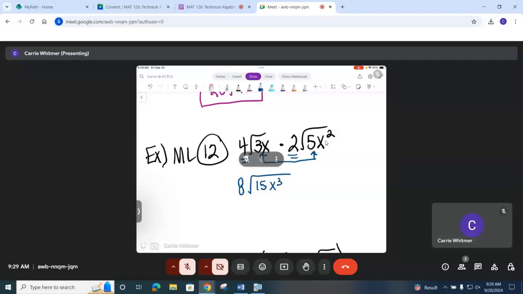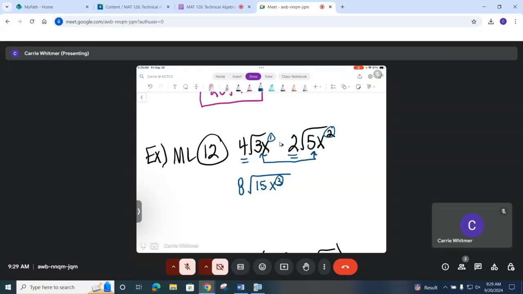Now, remember when you multiply variables, you add the exponents. So even though there's not an exponent here, you assume that's a 1, and 1 plus 2 gives me that 3, if you're wondering where that came from. Now, 15 does not reduce because the only other factors besides 1 and 15 are 3 and 5, and neither of those have a square root.